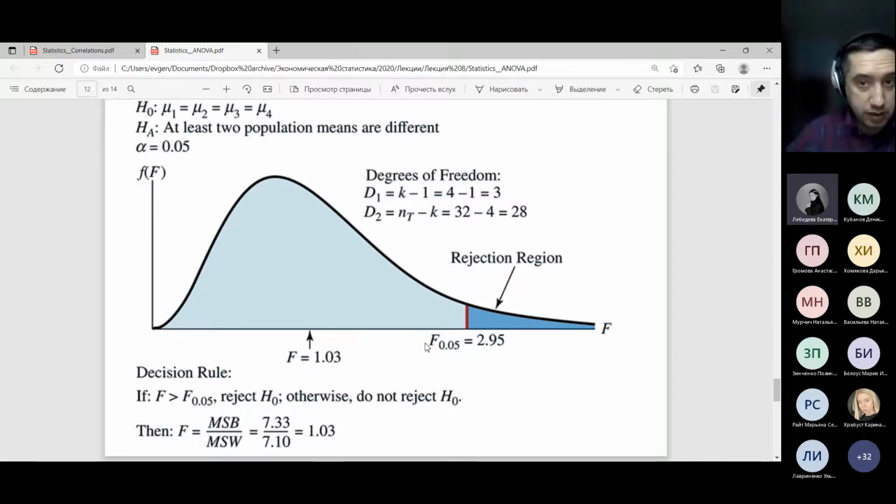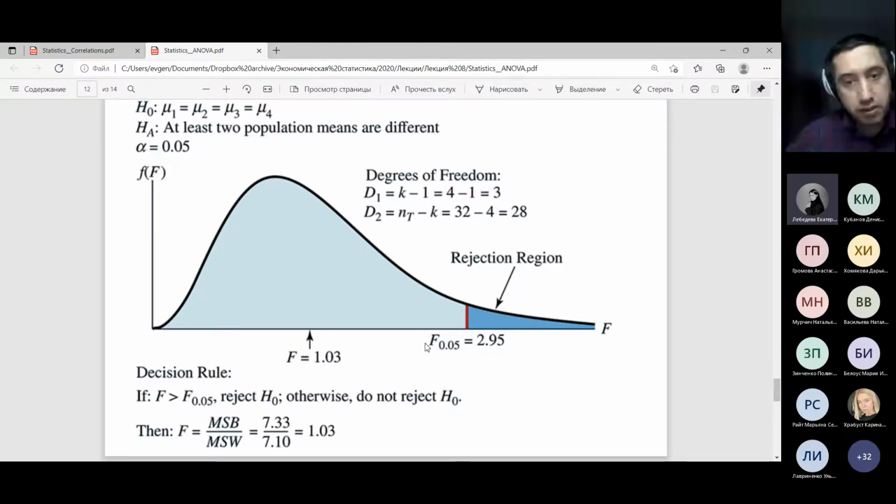For example, we see that at least one average is different from another average, and in this case we could be interested to compare each mean, to identify where is the largest mean, where is the smallest mean.